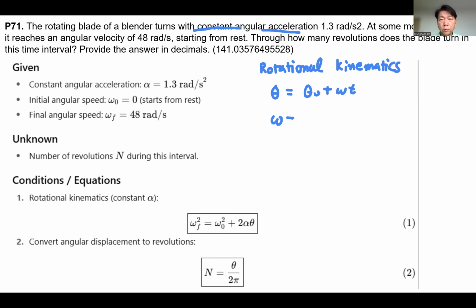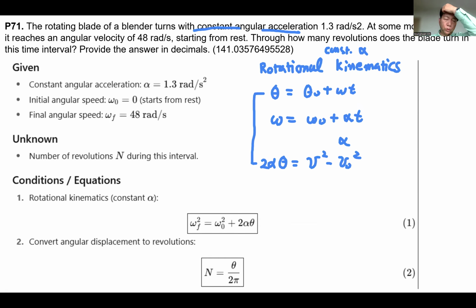Omega is omega 0 plus alpha t, with constant alpha. Alpha is rotational acceleration. And then we have omega square equals omega 0 square plus 2 alpha theta. Okay, these are the formulas for rotational motion.